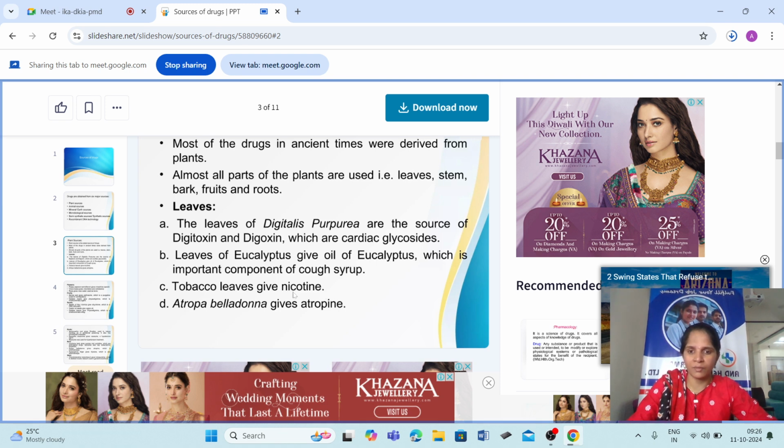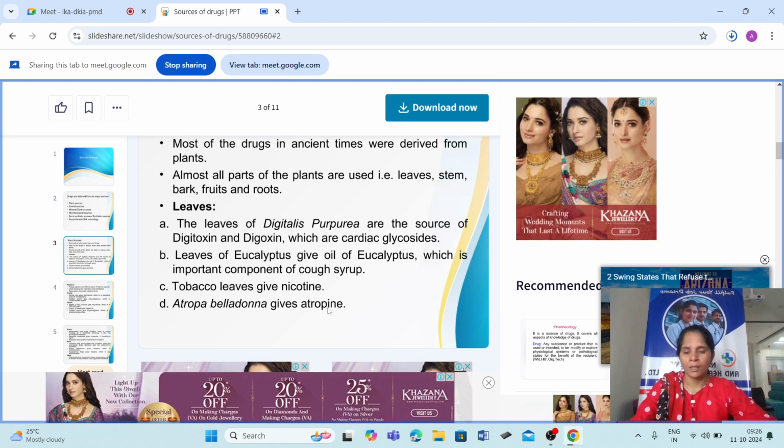And next we have nicotine. Nicotine, we all know, works as an agonist for nicotinic receptors. You all know we have muscarinic and nicotinic receptors. So nicotine, from where are we going to get it? It is from the leaves of tobacco. And next we have atropine. Atropine you get from the plant called Atropa belladonna.